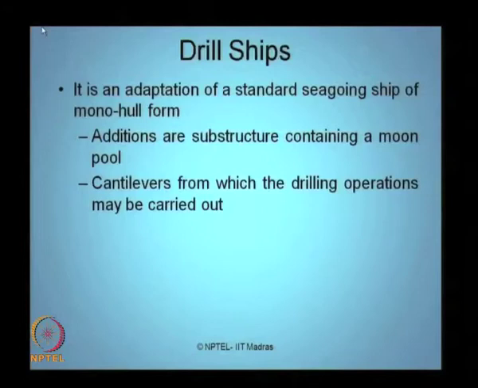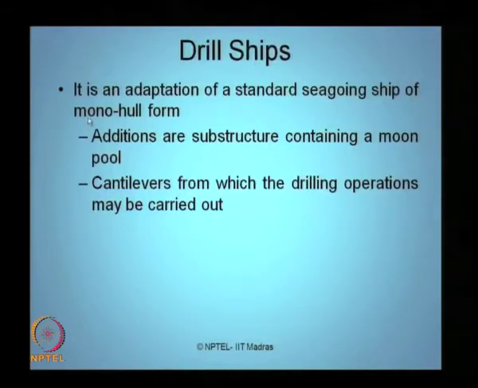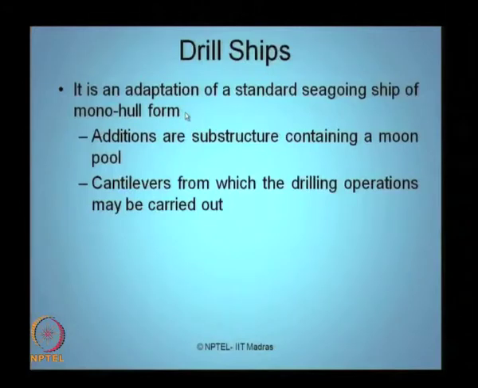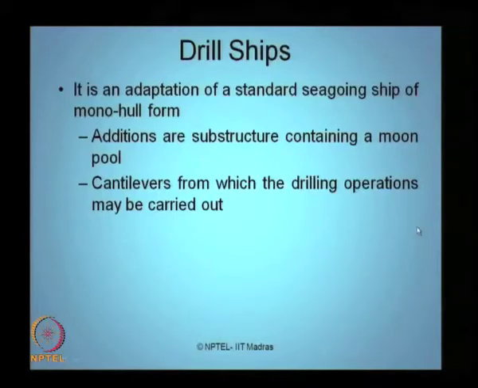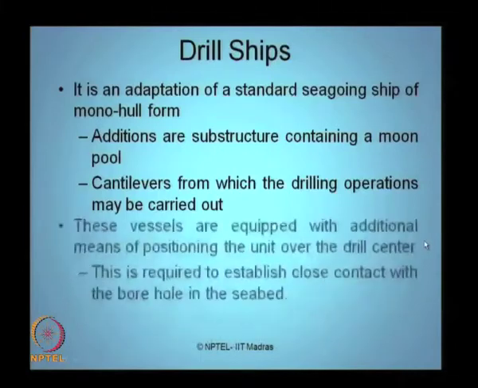It is an adaptation of a standard seagoing ship of a mono hull form. Drill ships are nothing but standard ships of mono hull type. There are some additions to this standard ship. Additions are actually the substructures which contain a moon pool, cantilevers from which the drilling operation can be carried out.